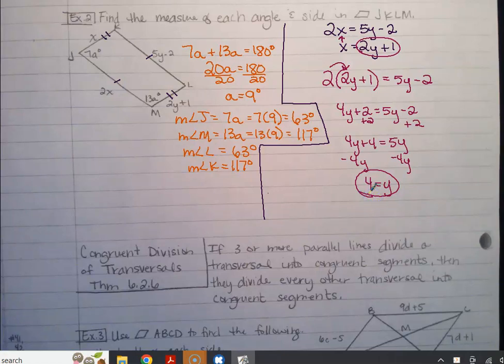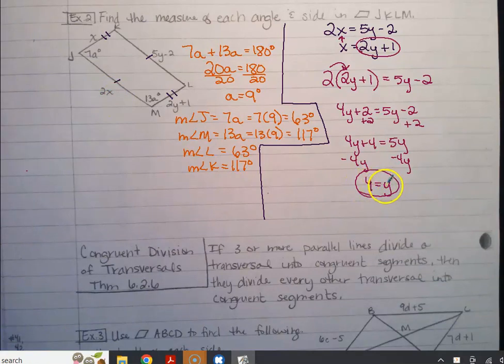So now we can plug that in now that we have the y, and we can solve for the other ones. Okay, do the 2x. So Lucas, solve for one of the sides for me. Can we do the 2x if we know the y?